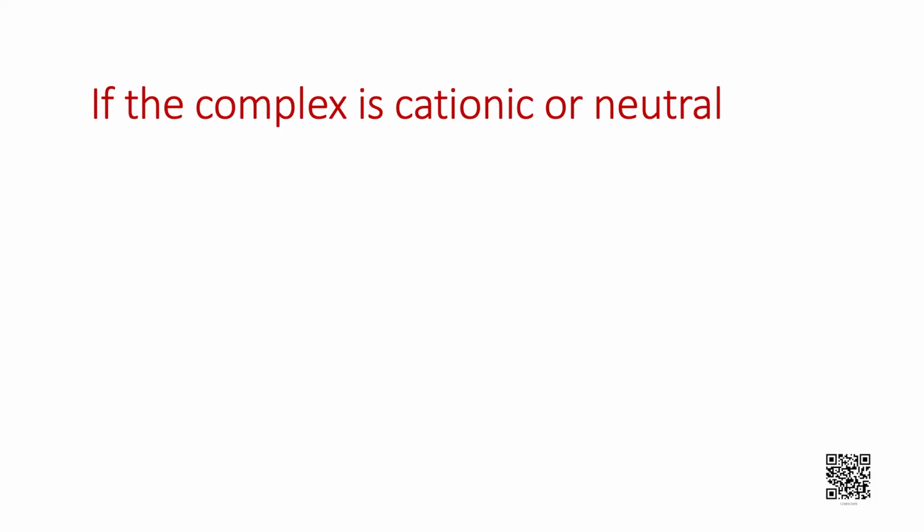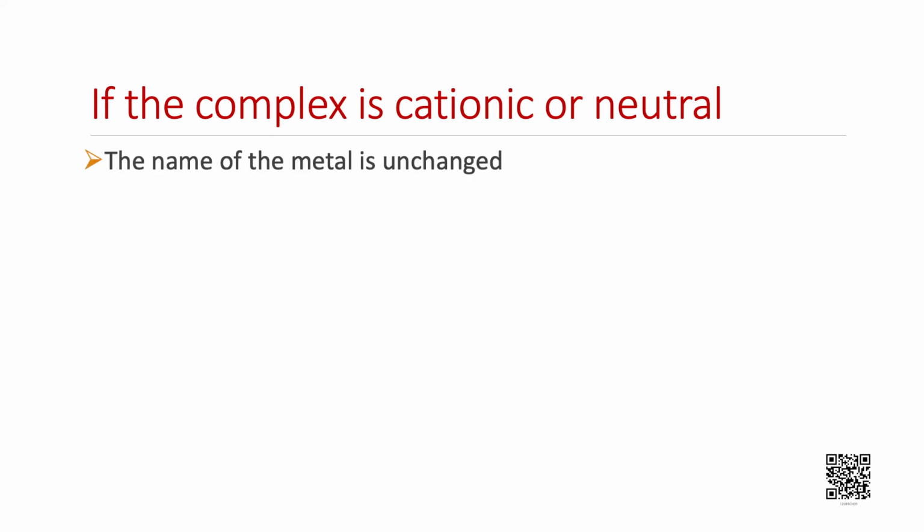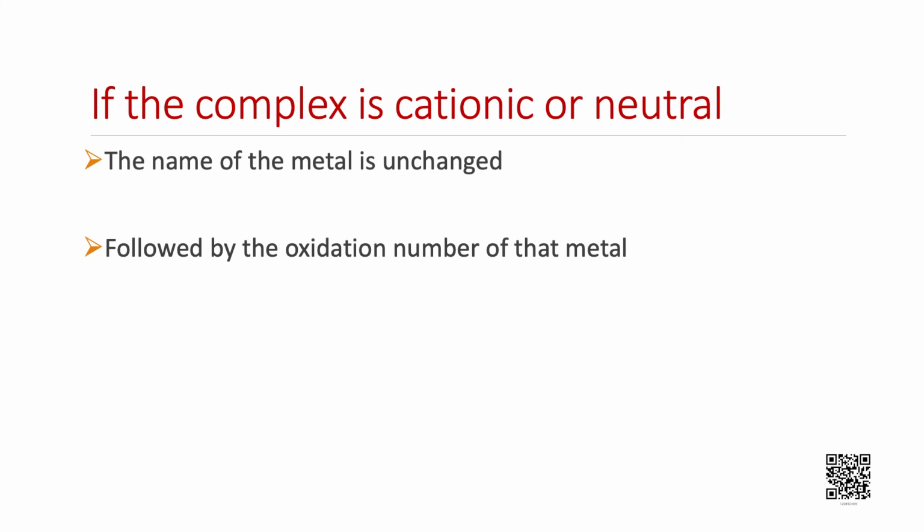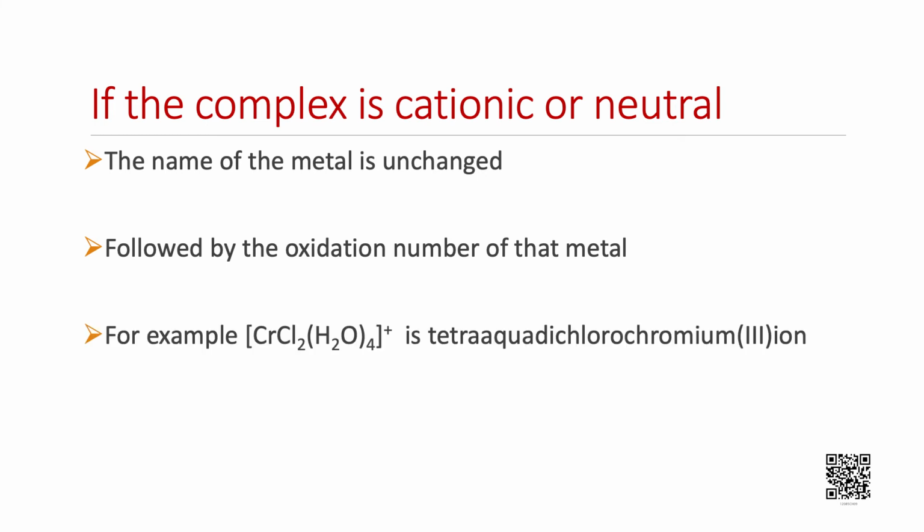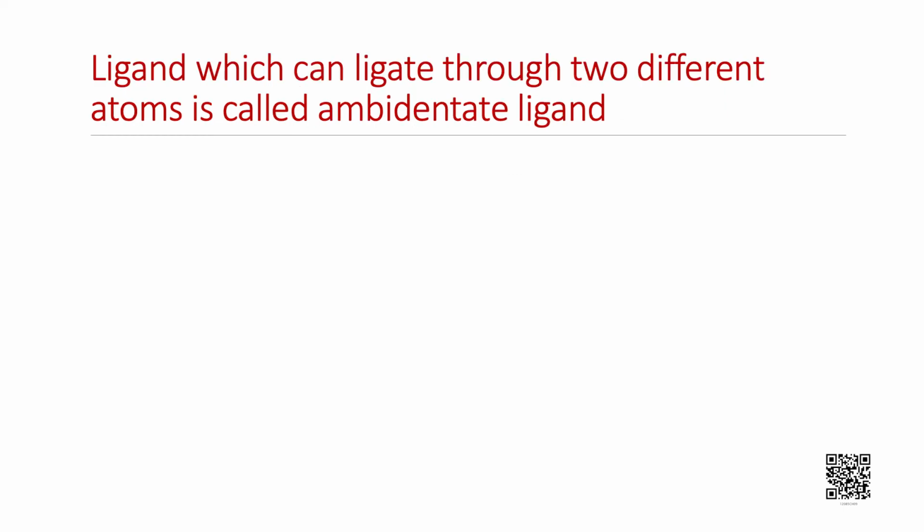If the complex is cationic or neutral, then the name of the metal is unchanged, followed by the oxidation number of that metal. For example, the given complex is tetraaqua dichlorido chromium(III) ion. Ligands which can ligate through two different atoms are called ambidentate ligands.